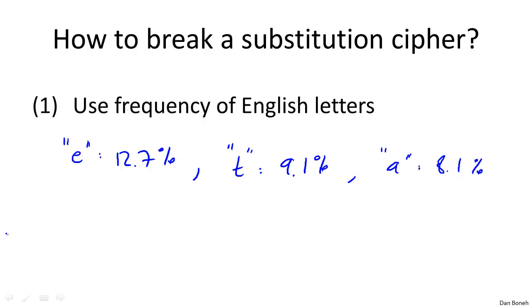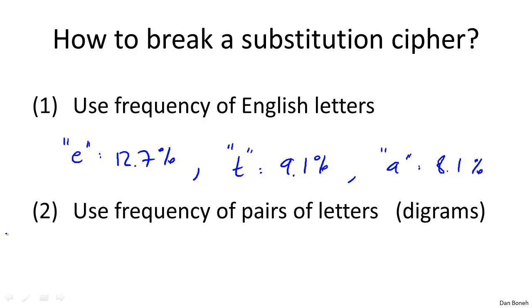So the next idea is to use frequencies of pairs of letters. Sometimes these are called digrams. So I'll count how many times each pair of letters appears in the ciphertext. And I know that in English, the most common pairs of letters are things like HE, AN, IN, and TH is another common pair of letters.